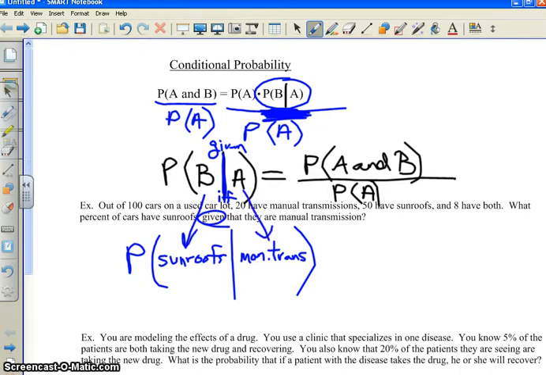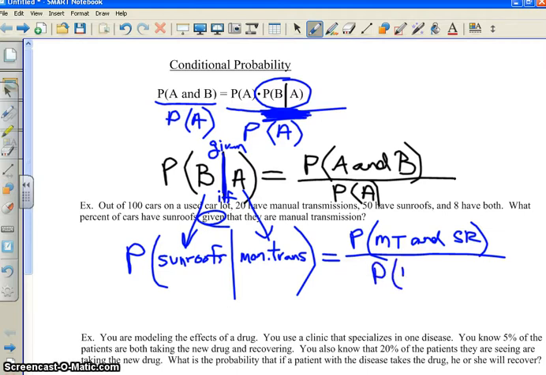So now I can set up the other side of my equation in words. Probability of manual transmission and a sunroof divided by the probability of A, which is a manual transmission. And once we have those words there, then we can start to plug in numbers.